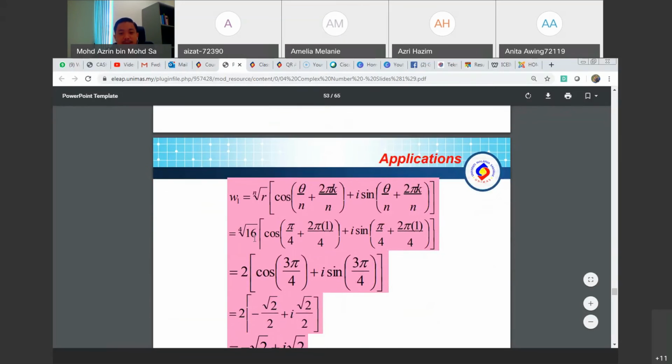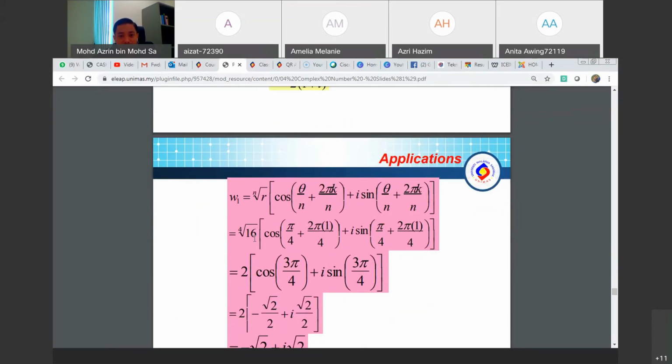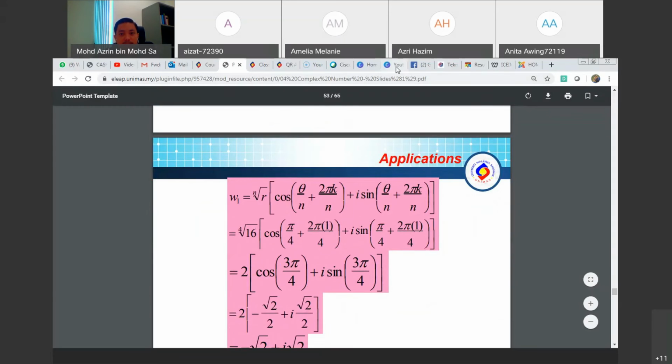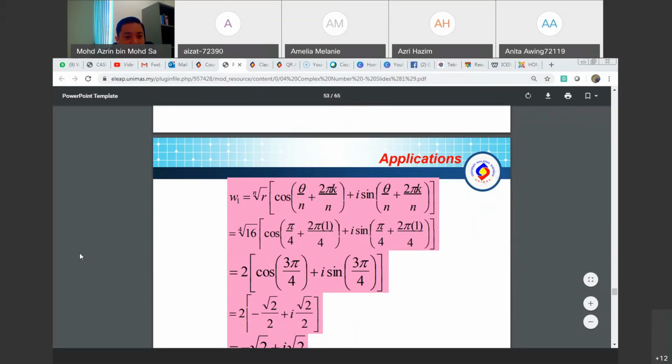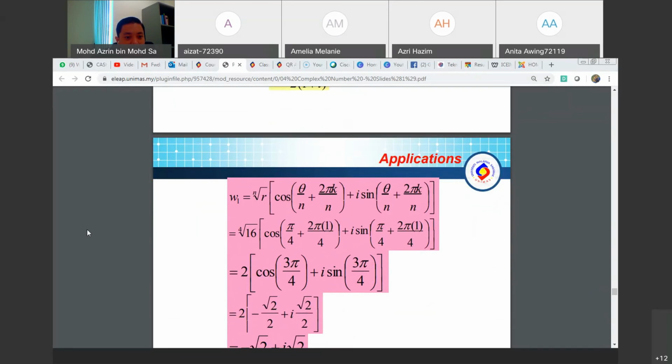Now you can do the same methodology, by changing this one. So for W1, W1 sini jadi 4 juga.